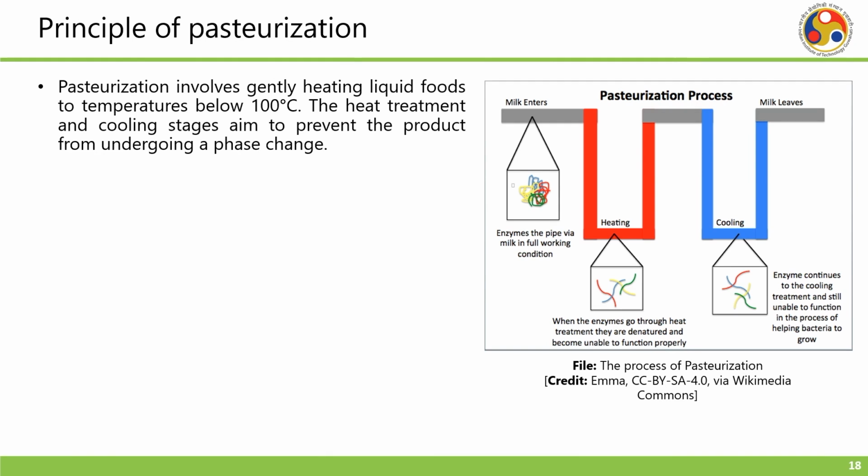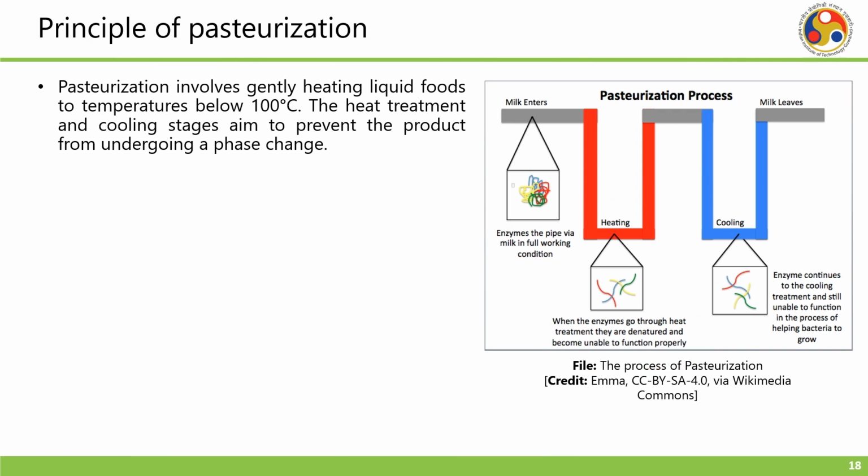So, in this figure, you can see the pasteurization process. Here the milk is put in, with the enzymes in the pipes, in full working condition. Then we go for heating first. When the enzymes go through heat treatment, they denature and become unable to function.